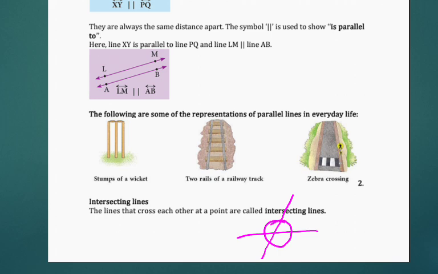Lines that cross each other are called intersecting lines. So you may have many lines like this, and they must cross each other at a point. This is the point where they are crossing. So the lines that cross each other at a point are called intersecting lines.